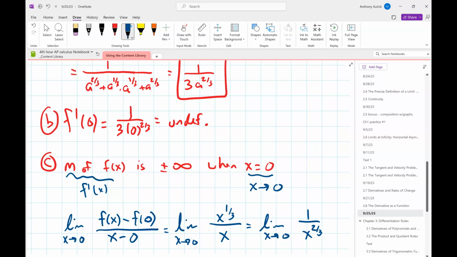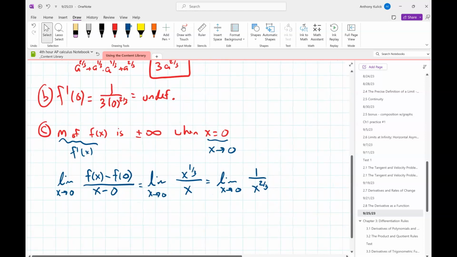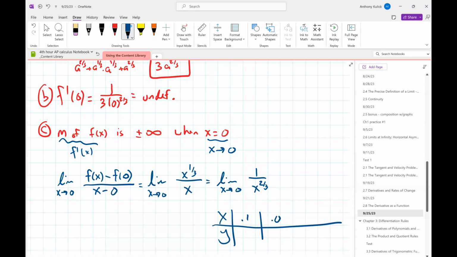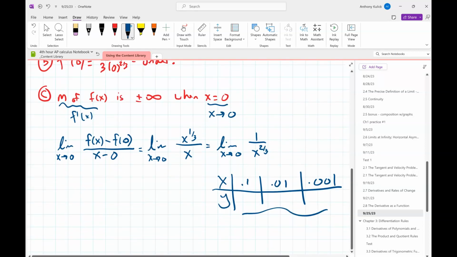So I go ahead and I reduce this, but I get something like 1 over 0 here if I try to do direct substitution, right? So I could do a table at this point, and you'll see that these y's head to infinity.